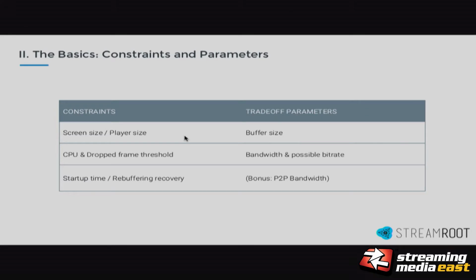So to get into the basics of how these algorithms are actually built and how they work, let's start by looking at how this works in the player. We've separated the metrics we're using into two categories. The first we're going to call constraints.